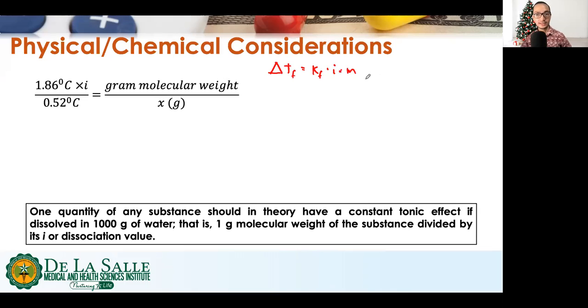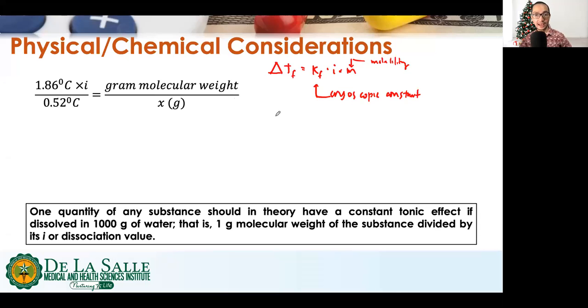So this is the formula for freezing point depression. And this is what you call the cryoscopic constant. M stands for the molality of the solution. So what do you remember about molality?